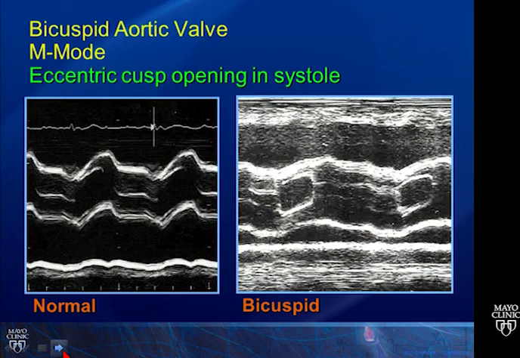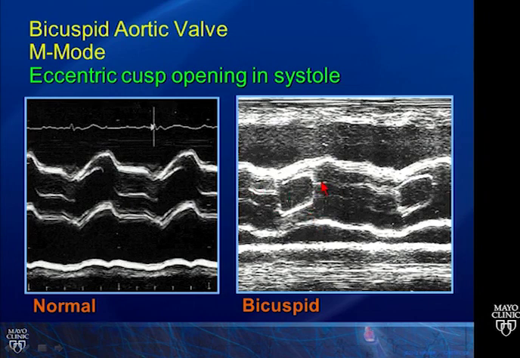You can also possibly see the eccentric opening on M mode. With a regular M mode in a normal patient, the aortic valve gets completely flattened against the sinuses as it opens up, and you see very little of the valve, and it closes right in the center of the aorta. In the patient with bicuspid aortic valve, it opens eccentrically a little bit, but also doesn't completely open to the sinuses.